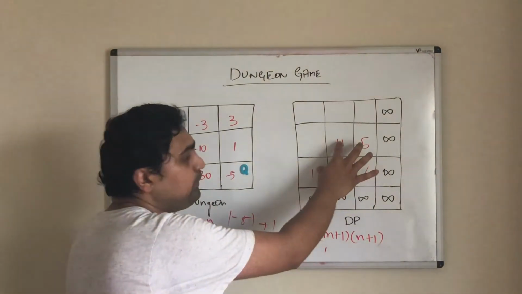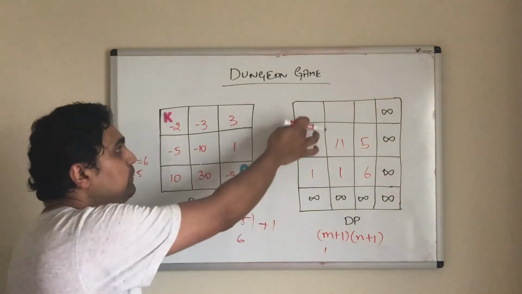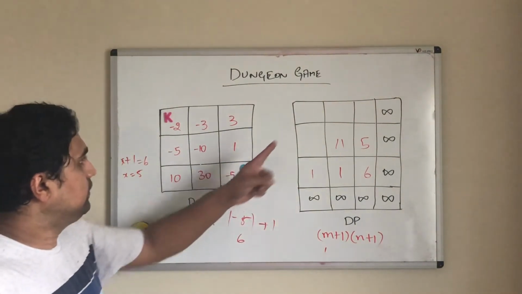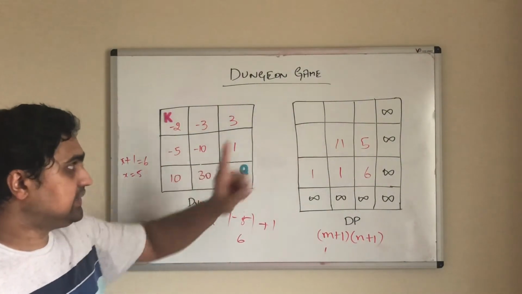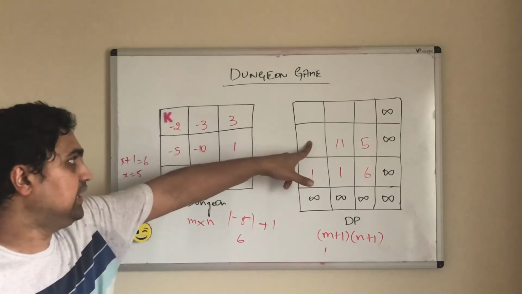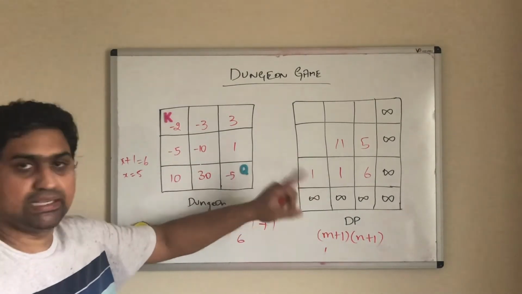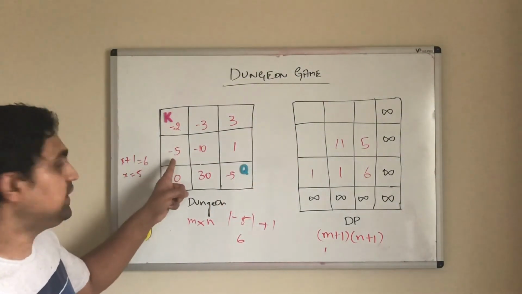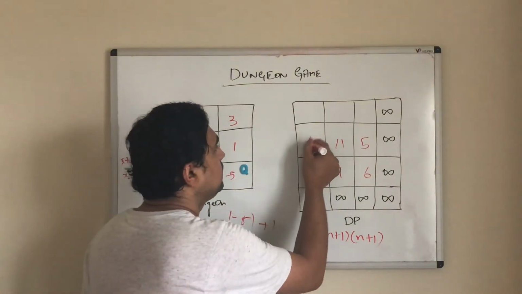The minimum among these two is 1. Now if the knight is somehow able to enter this cell and survive, the minimum required is 6. 6 minus 5 is 1. So if he is able to enter this cell with a value of 6, he will be able to go down this path and save the queen. So the minimum health required to enter this cell is 1 greater than this negative value here, so it's equal to 6.